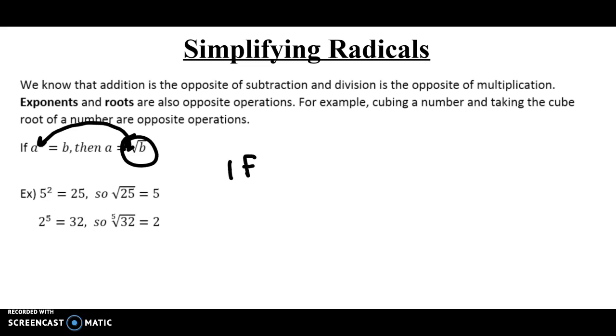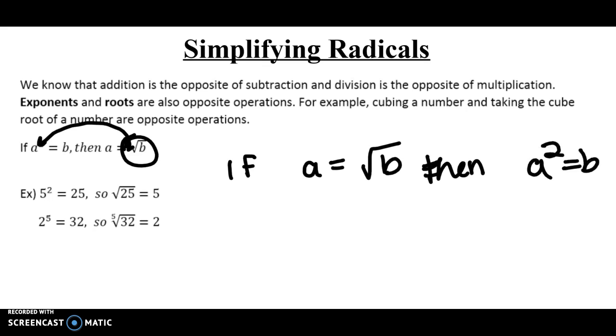So if a equals the square root of b, then a squared is equal to b. So you can kind of switch those. So on the examples, 5 squared is equal to 25. We already know the square root of 25 is 5.